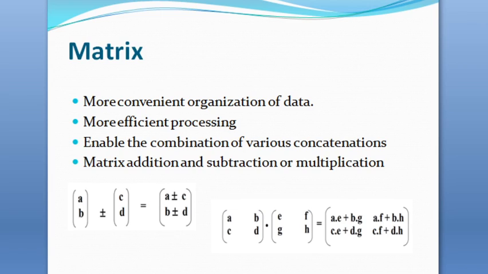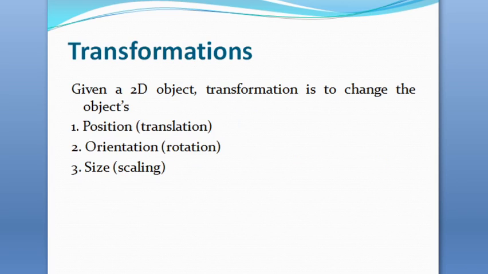Here, matrix is used for transformation. The matrix is more convenient to organize the data. It is efficient processing. It enables the combination of various concatenations. Matrix addition, subtraction, or matrix multiplication are also used in transformation.